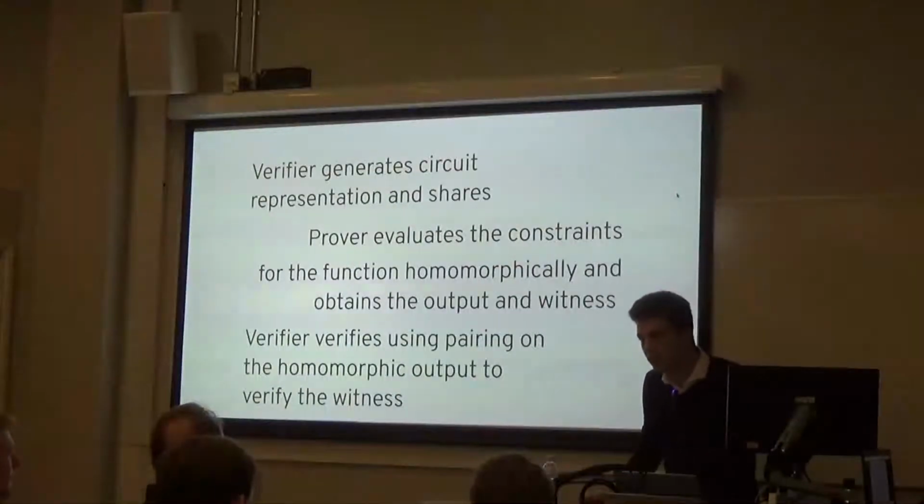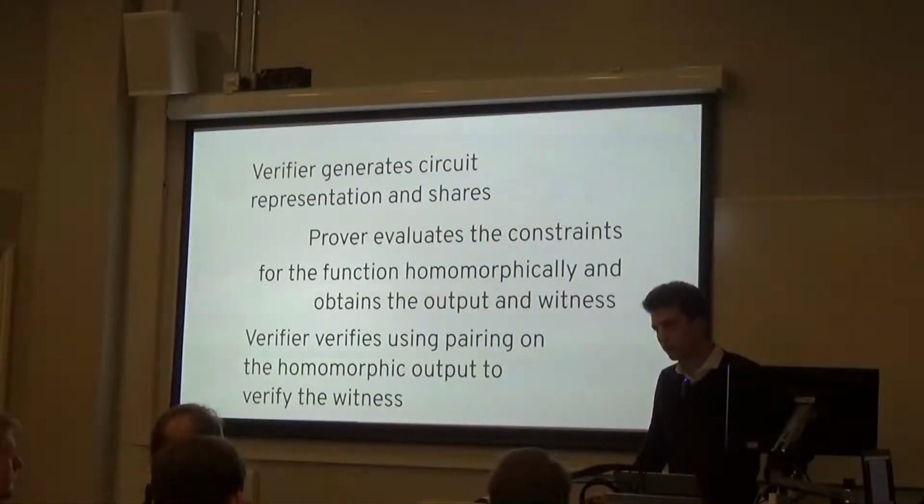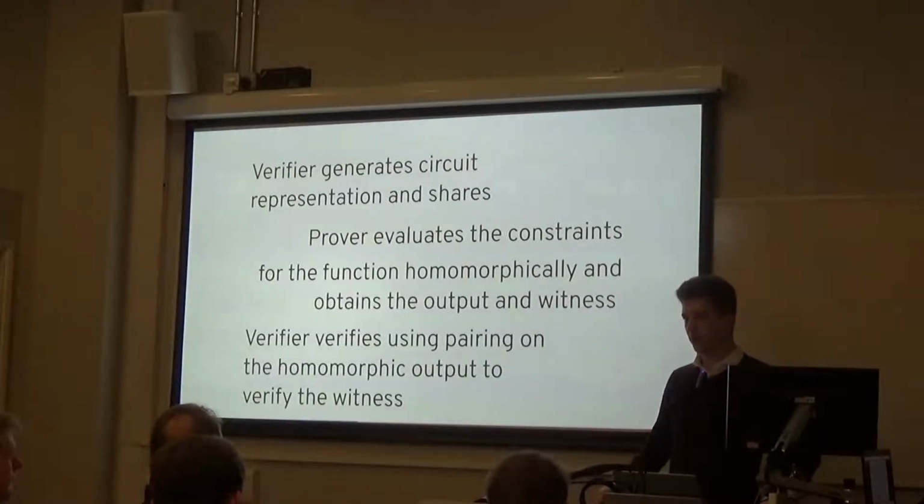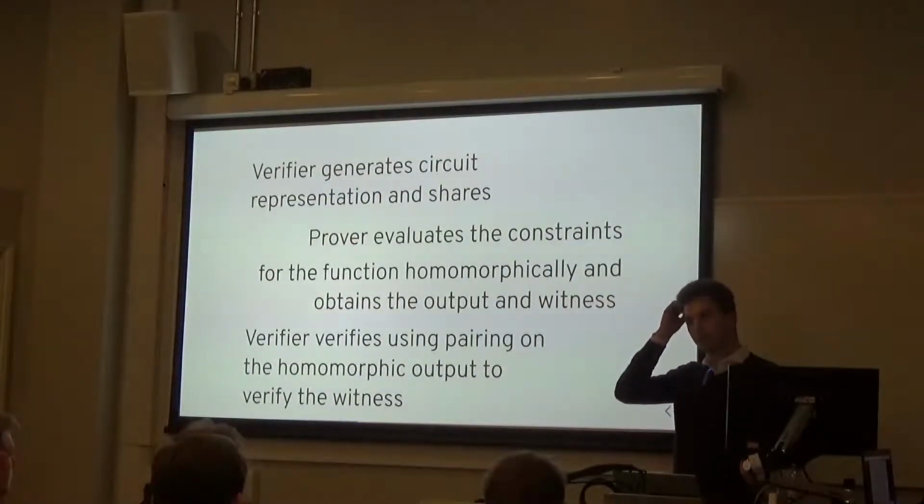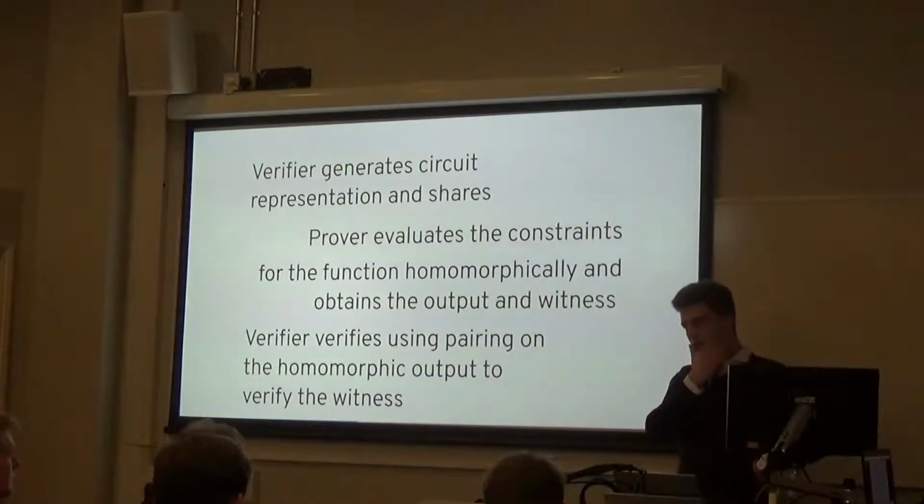Yes. And then you send it to someone that's going to do the computation with the encrypted inputs, right? And then, do they do anything with the witness? Do they change the witness?